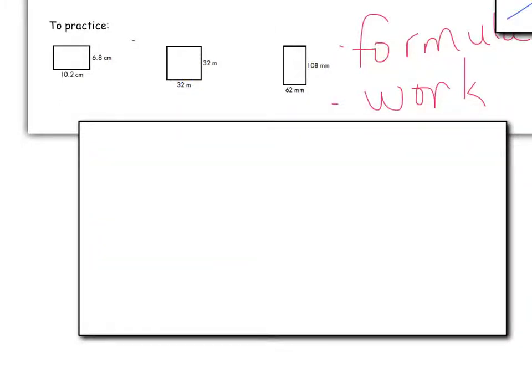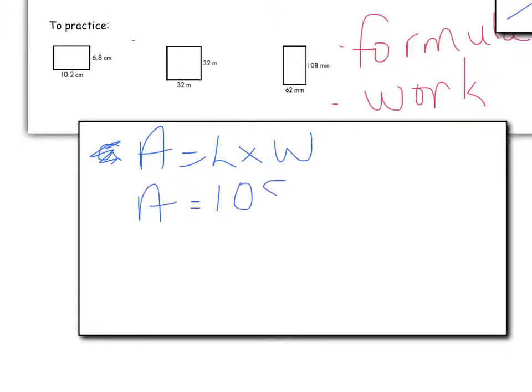Last one is again a rectangle. Oops. Area equals length times width. So area equals 108 times 62. And remember, in reality, it doesn't matter if you've switched these around and made this your length and this your width, because of the commutative property for multiplication.